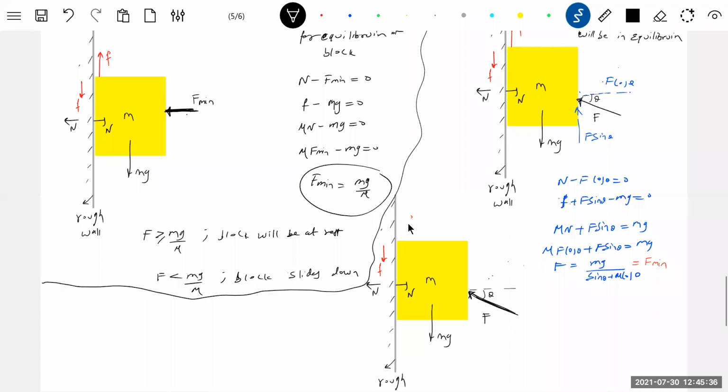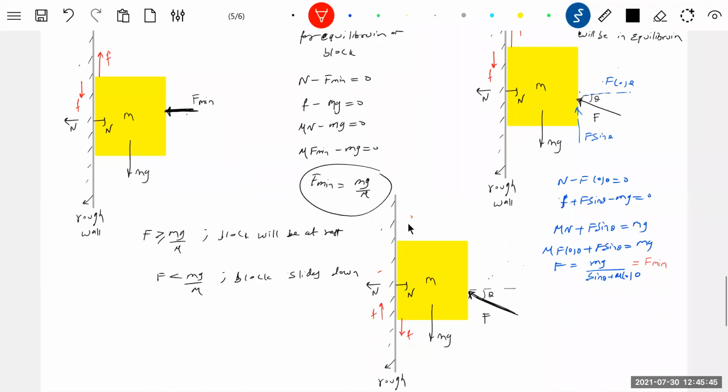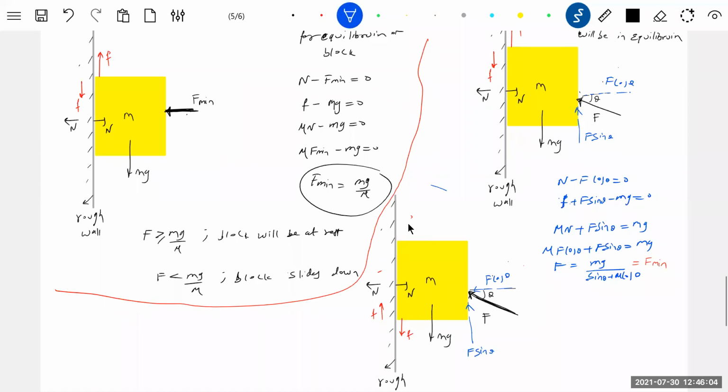The block has a tendency now to slide up. There's friction on the wall. Again resolving all the forces. Let's write all the equations.